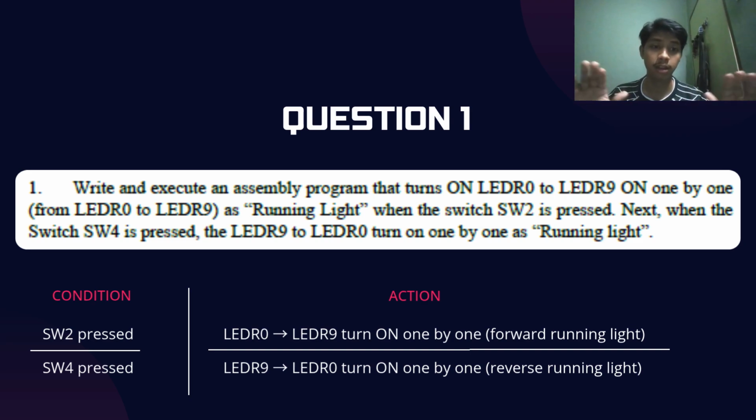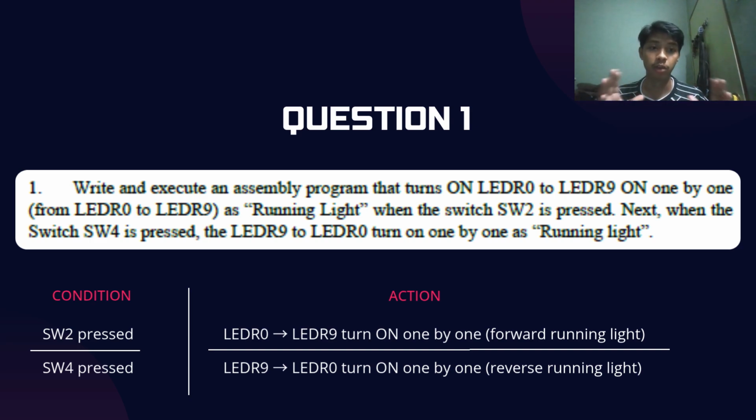So in the program, if you turn on switch 2, it will turn on from LED 0 to LED 9. The second condition is when switch 4 is pressed. The program will run from LED R9 to LED R0, turning on one by one, and it is called reverse running light. So that is our lab for this ECE521.